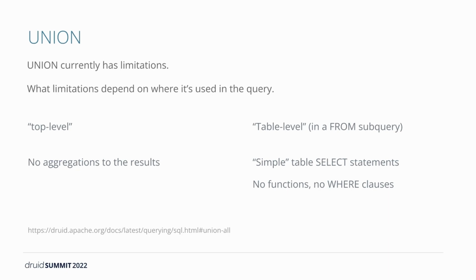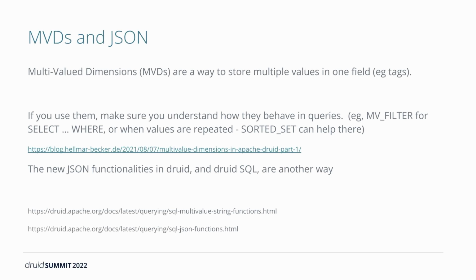Some other features that are kind of unique to Druid include multi-value dimensions. JSON is not unique to Druid, but multi-value dimensions are a way to store an array in a field, basically. So like a way to make a wide row.